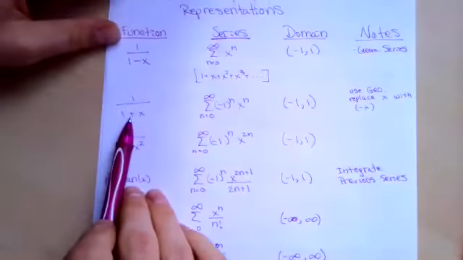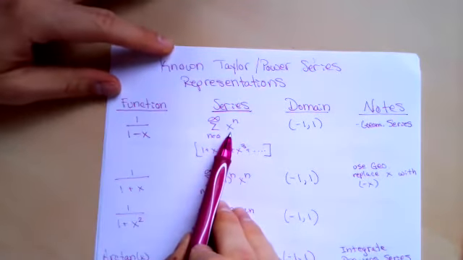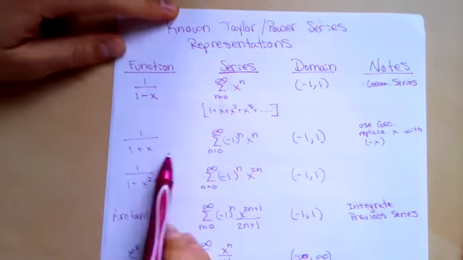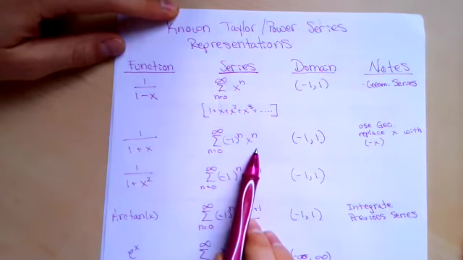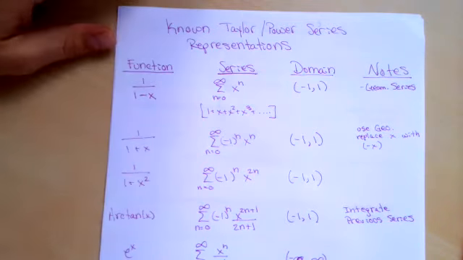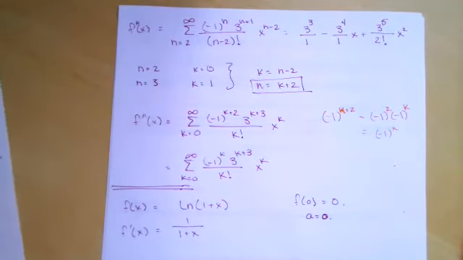So we figured out that, well, this 1 over 1 minus x was our nice geometric series. And if I just replace that minus with a plus, by some algebra, it'll just give us an alternating geometric series. So since we have a power series for this 1 over 1 plus x, all we have to do is integrate it to find natural log of 1 plus x.